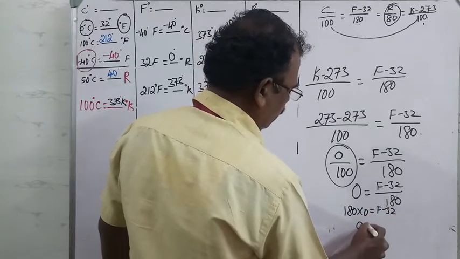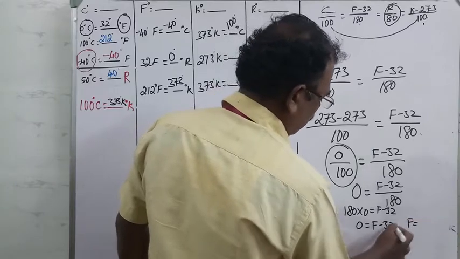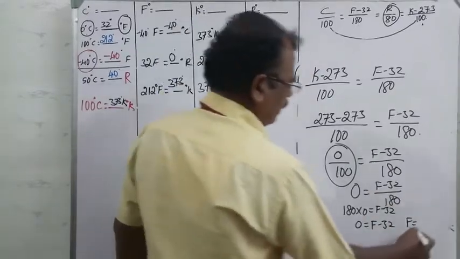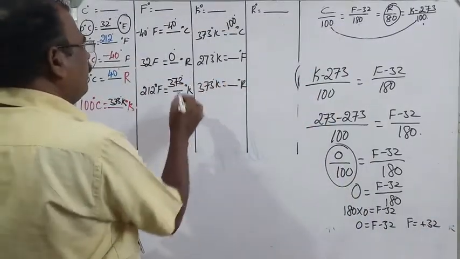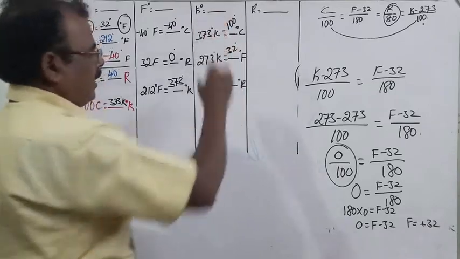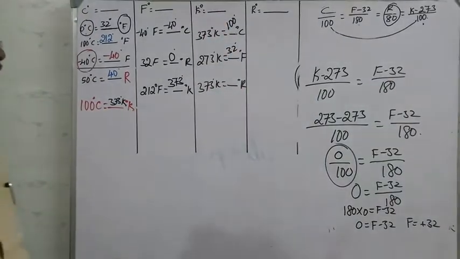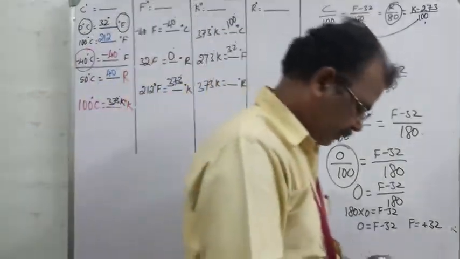So 0 is equal to F minus 32, F is equal to minus 32. Coming to this side, what happens? Plus 32. Your answer is 32 degree Fahrenheit. Very simple. Now what is the answer for the other one? Directly you can tell 80 degree Reaumur. Now we can solve this one.